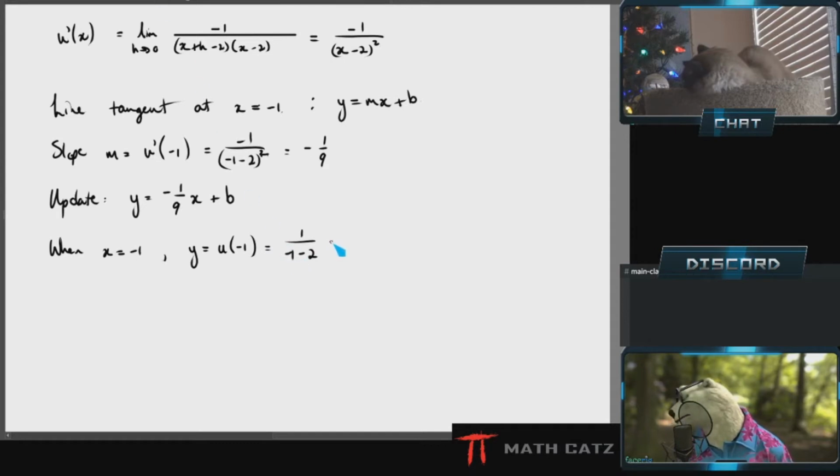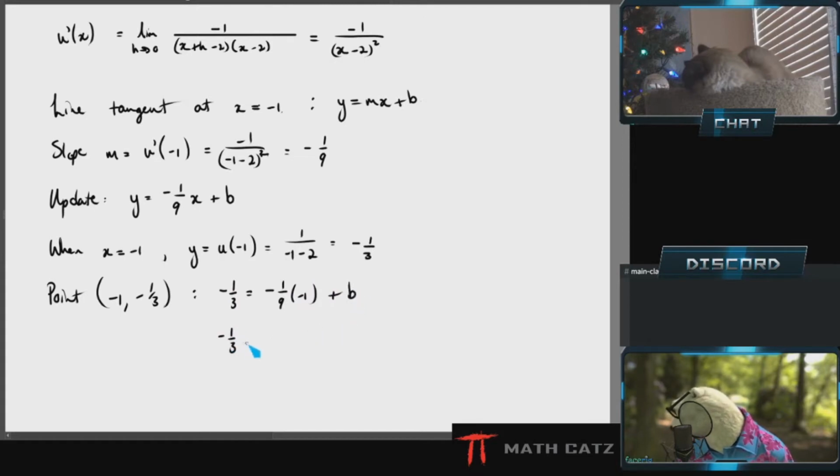Negative 1 minus 2, so that's negative 1/3. That means I'm going through the point negative 1, negative 1/3 that I can plug into my straight line equation. Fractions are never fun, let's be honest. Plug in the x value plus b.